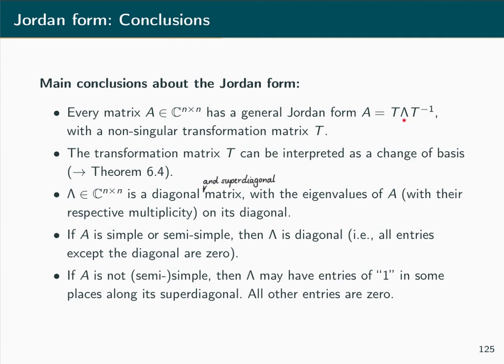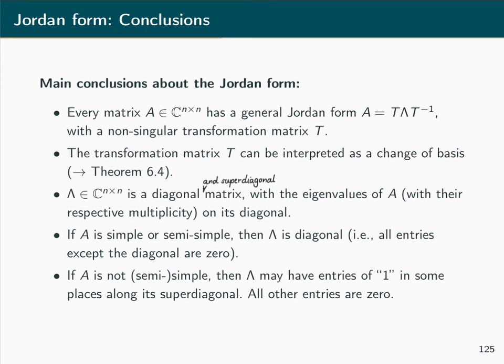Third, lambda in the Jordan form of A is an n by n matrix with entries only on its diagonal and on its superdiagonal, and with the eigenvalues of A with their respective multiplicity as its diagonal elements.